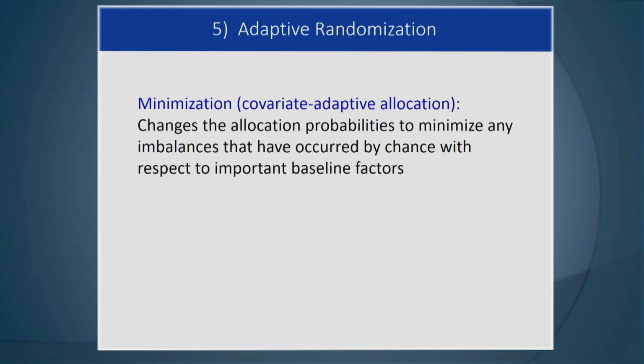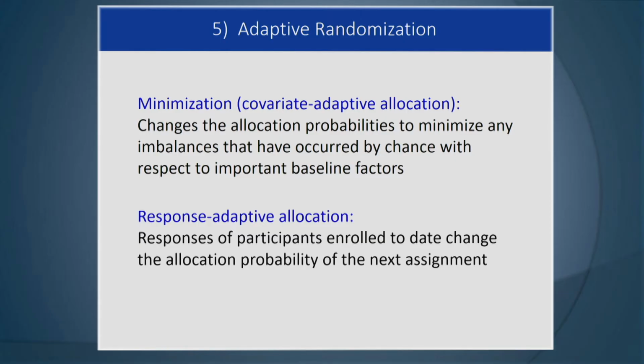You tweak them so that they kind of fix the balance, not in a deterministic way, but in a probabilistic way. So you change the allocation probabilities to minimize any imbalances that have occurred by chance with respect to important baseline factors. You're observing what's going on as the trial is going, and you keep tweaking those probabilities to keep the balance.